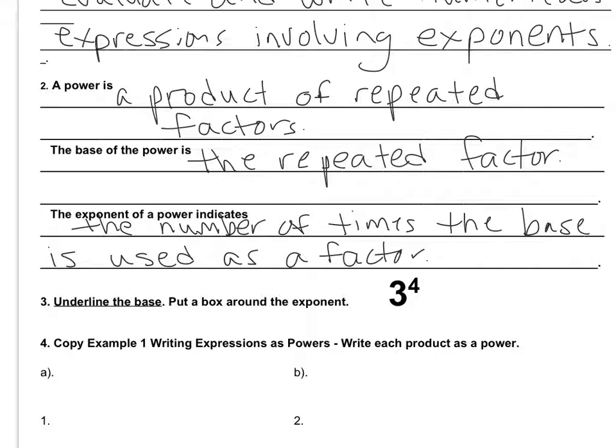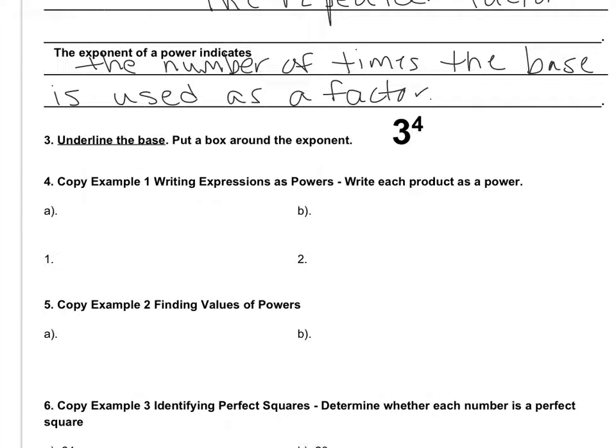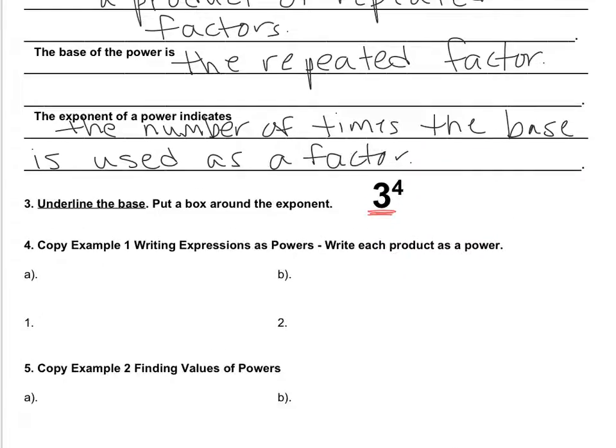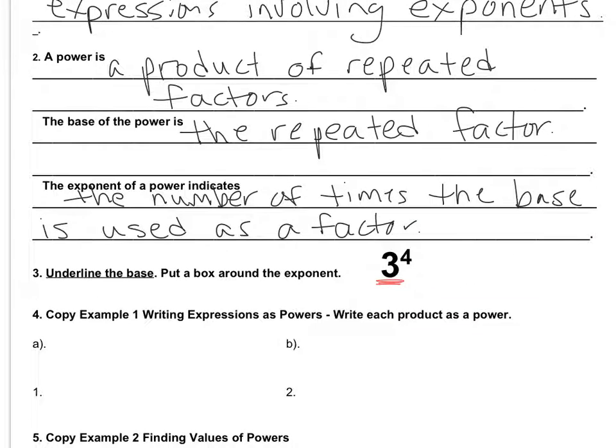So let's take a look here at number 3, which says underline the base. And we're going to do that with red. And we see that 3 is our base. I actually like to draw a line from 3 to right here so I can remember this more visually, because that shows me what the base means, the repeated factor.